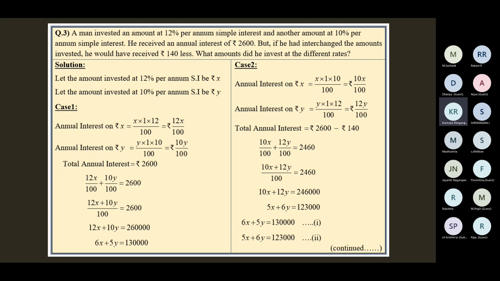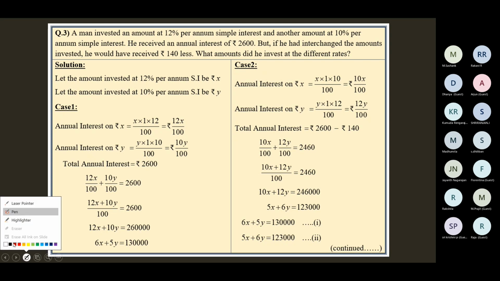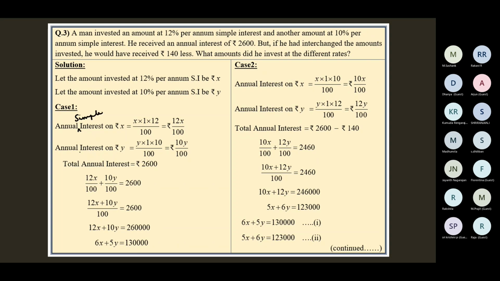So time is 1 year. PTR by 100 or PNR by 100, whatever.